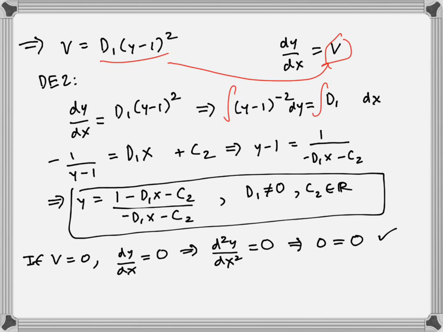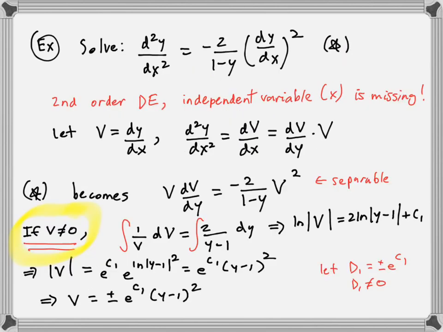Now, what does that mean? Well, this means that we get another solution if we look at this case separately. dy/dx is equal to 0 means that y of x is just a constant function, c. Now, is any constant allowed? I want us to be really careful because in our original problem, do you notice that we have a 1 minus y on the bottom?